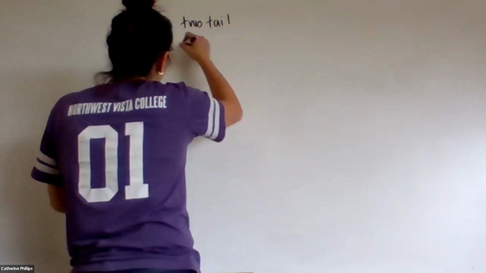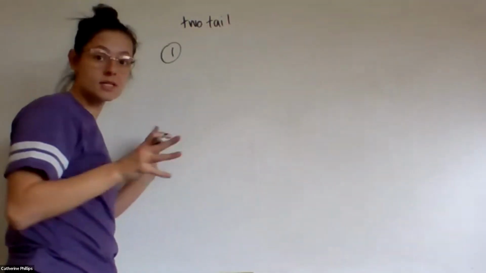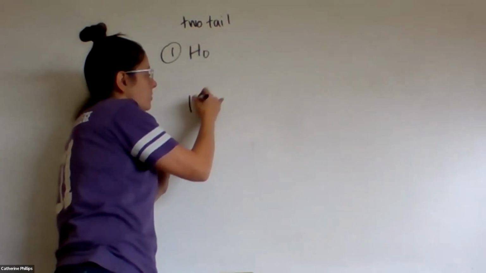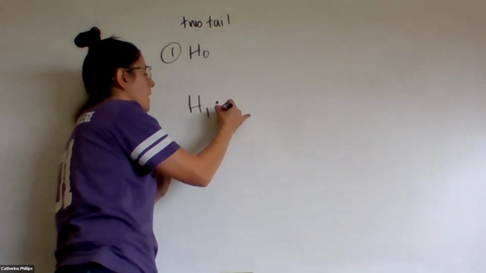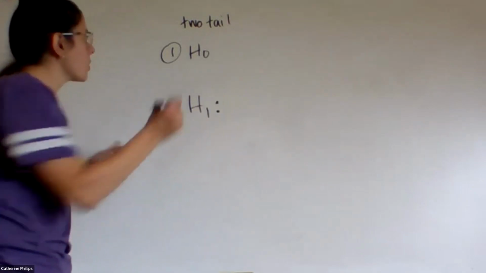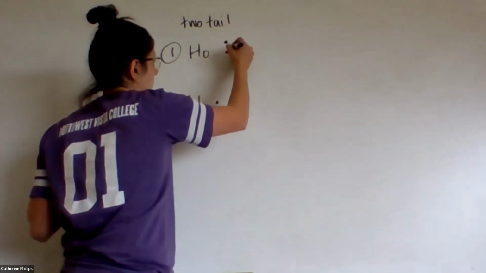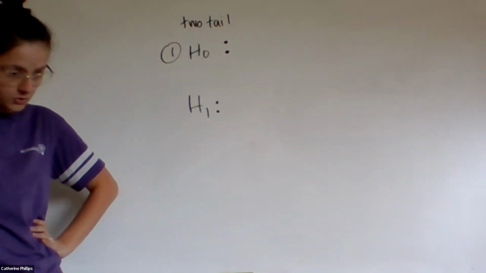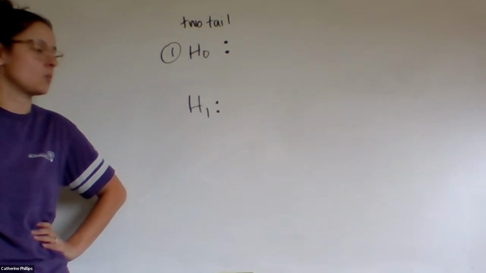For step 1, just like before, we're going to have our null, and we're going to have an alternative. And for a two-tailed test, and afterwards I'll go over what these would be for a one-tailed test, but first I'll do the full video for this example.